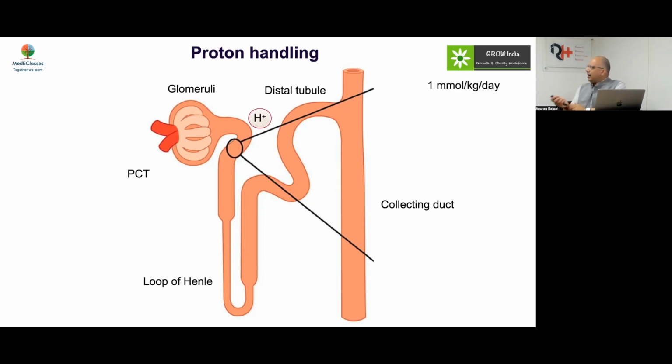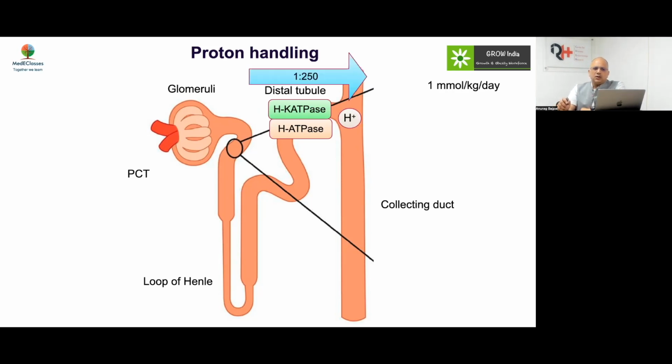You need an active transport there, so you need two major transporters, the hydrogen-potassium ATPase and the proton ATPase. So it's being transported in lieu of potassium or directly pushed. This provides a huge gradient. Actually there is a 250 times higher concentration of proton which you can achieve in the lumen with the help of these active transporters.